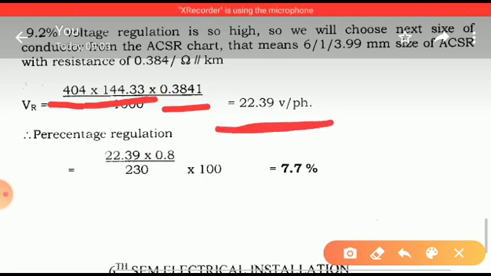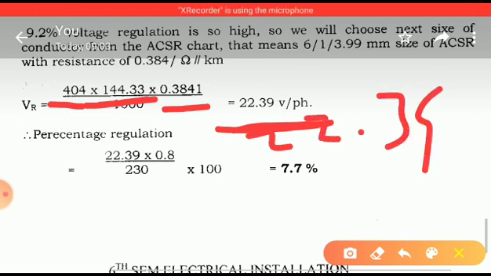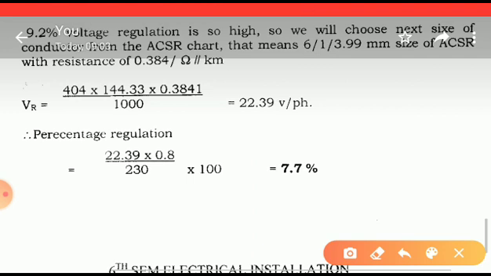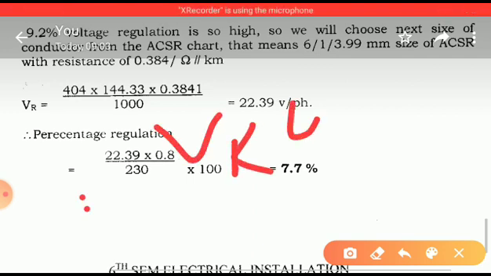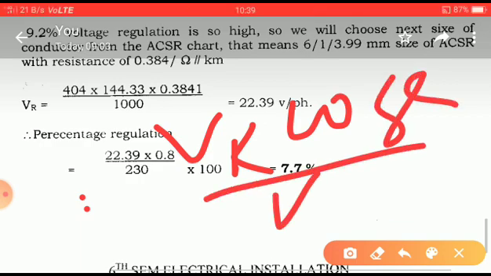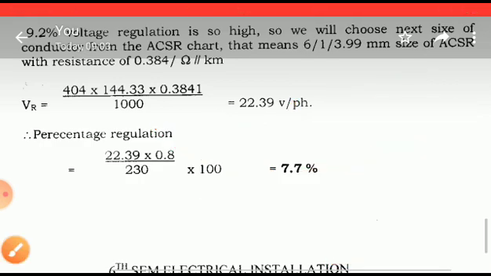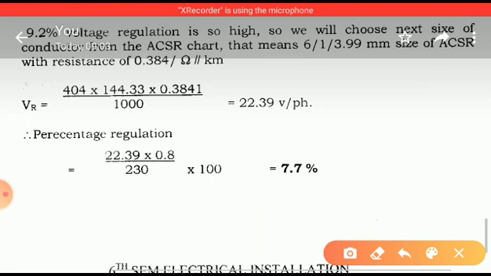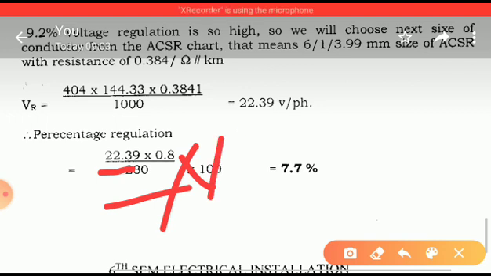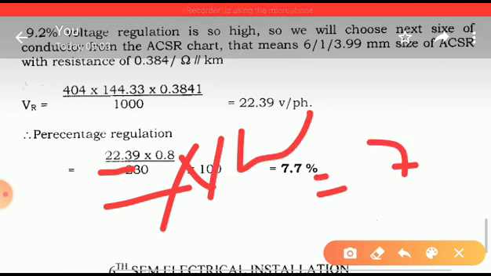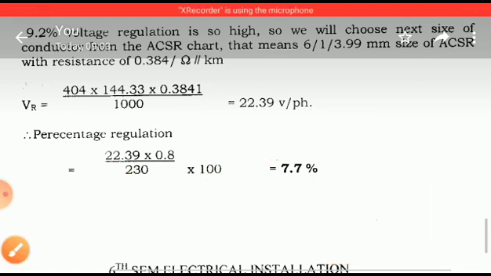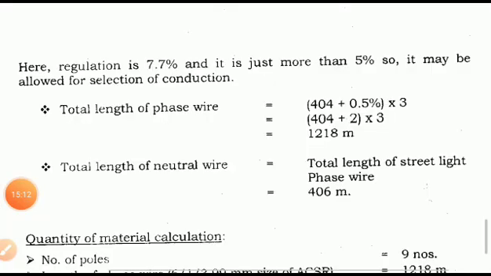So the voltage per phase is equal to 22.39. Voltage regulation is equal to VR cos phi by V per phase, so 22.39 into 0.8 by 230, into 100. The value we are getting is 7.7 percentage. The voltage regulation is 7.7 percentage.